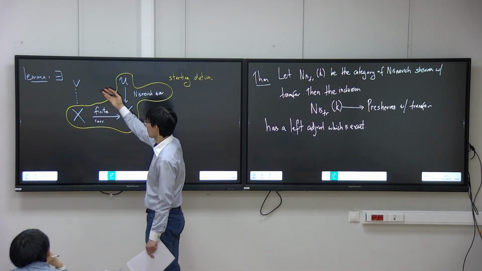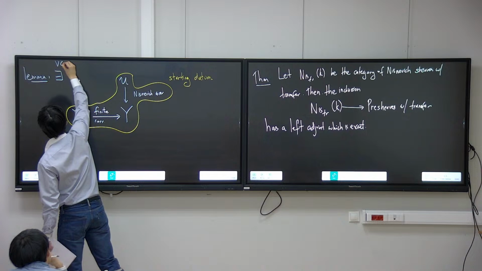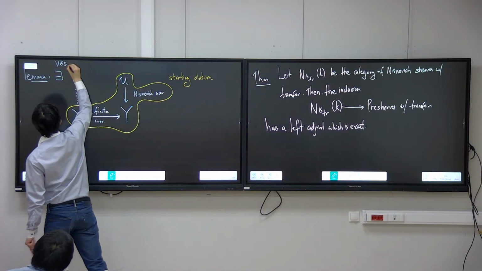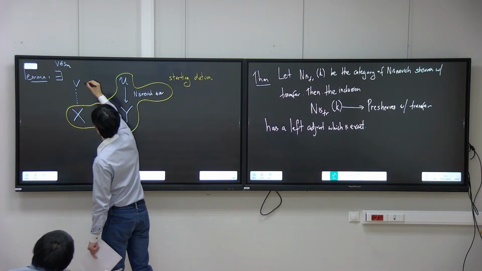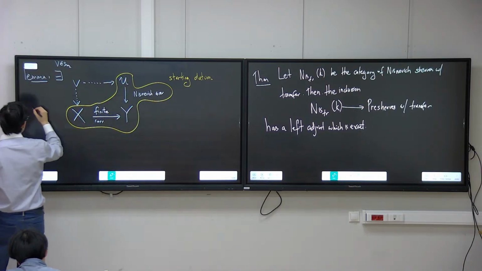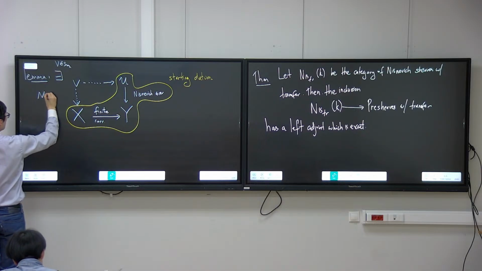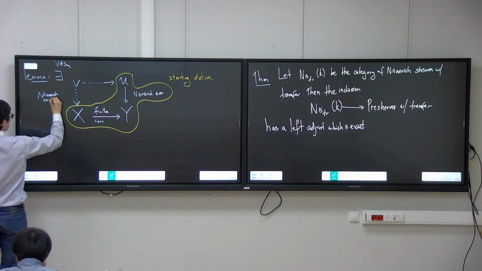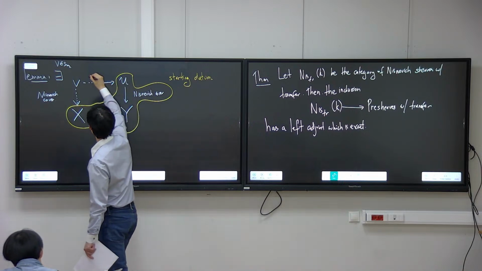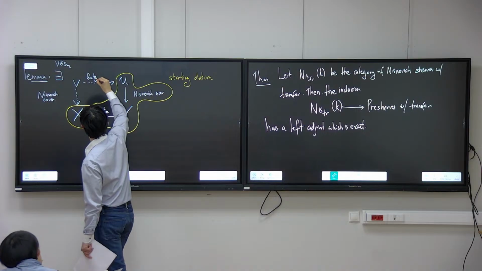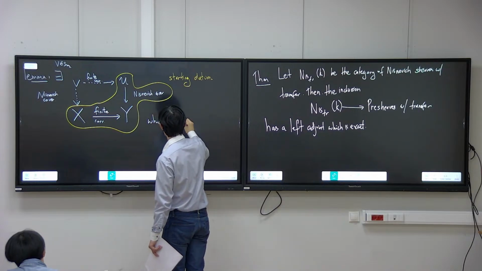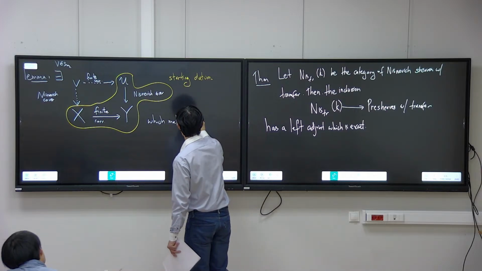So the statement is that there exists some smooth scheme V such that it maps like this, such that this is also a Nisnevich cover, and this is a finite correspondence, which makes the diagram commutative.